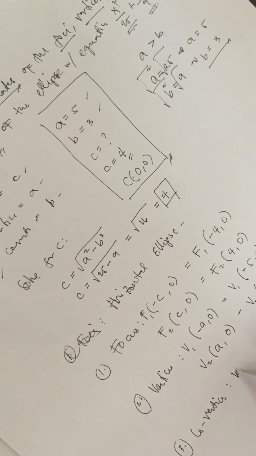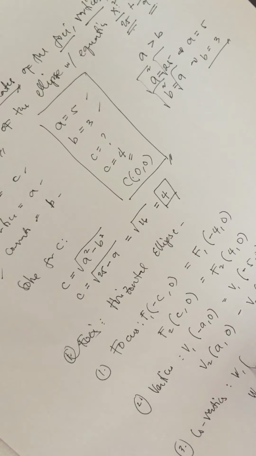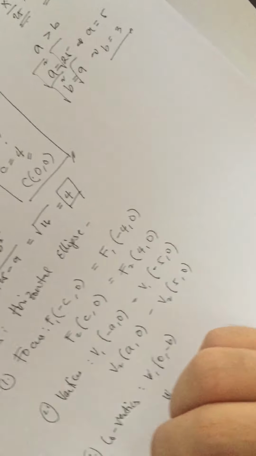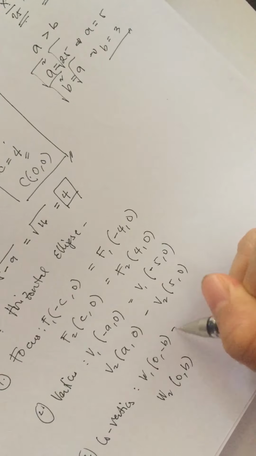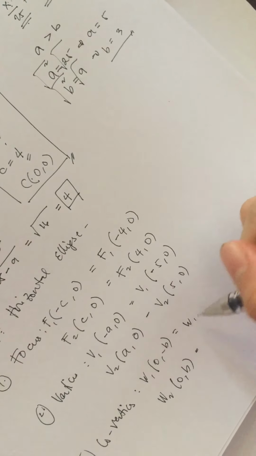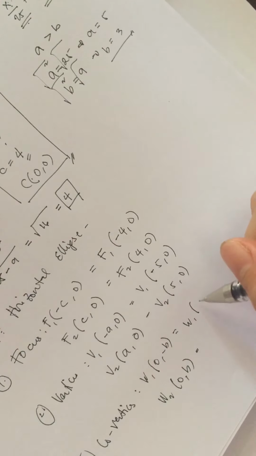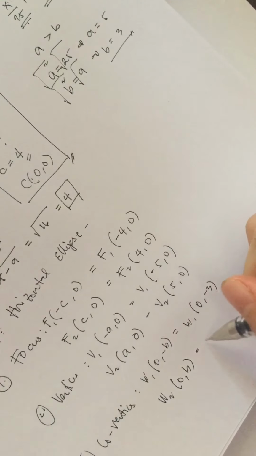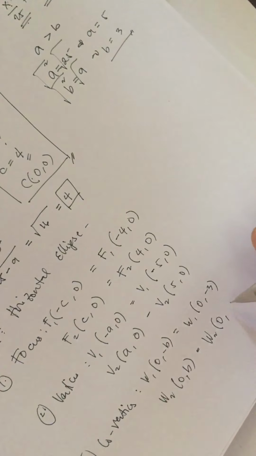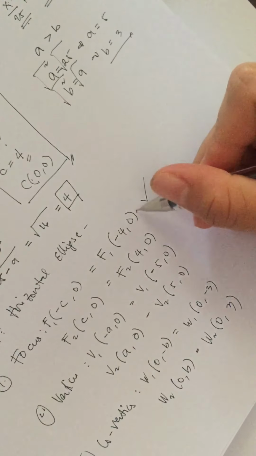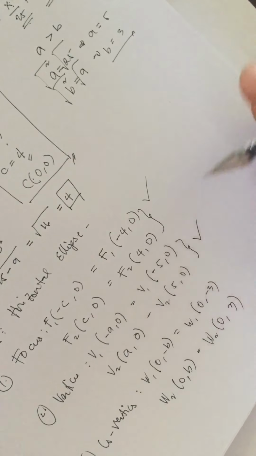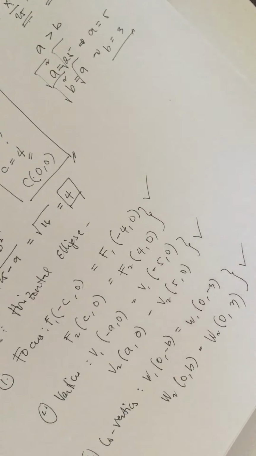So, co-vertices, W1 and W2. We have 0, negative B, then 0, positive B. So, W1, substitute the value of B, which is 0, negative 3. W2, 0, positive 3. Check for our foci, for our vertices, and for our co-vertices.